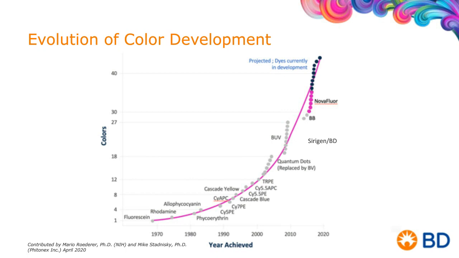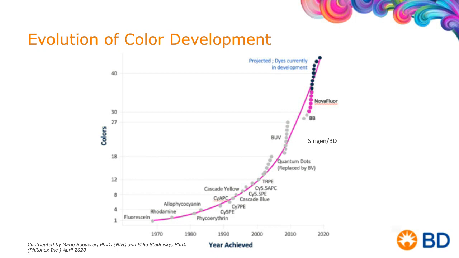So when we look at this continuum over time for the different colors that have been developed, we see that rich time where a lot of those Sirigen dyes, the brilliant violets and the brilliant UVs, and then also the introduction of the brilliant blue dyes from BD in that space.